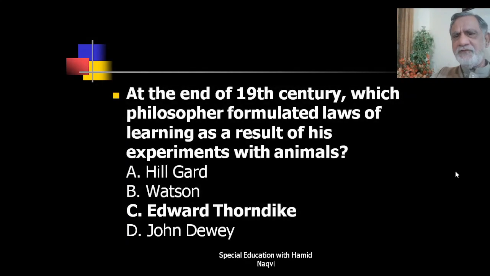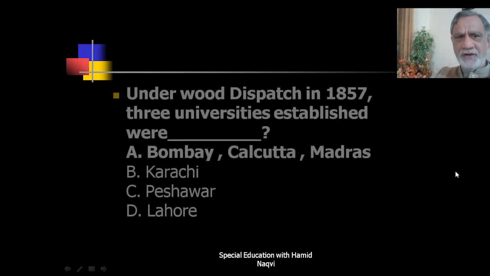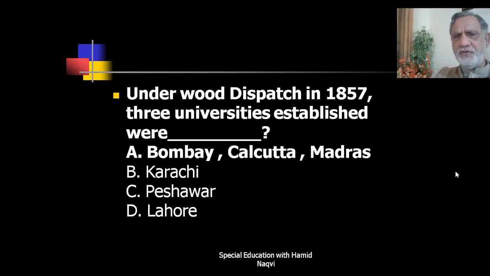At the end of 19th century, which philosopher formulated laws of learning as a result of his experiments with animals? It was again Edward Thorndike. Under Wood's Dispatch in 1857, three universities were established. They were Bombay, Calcutta, and Madras.